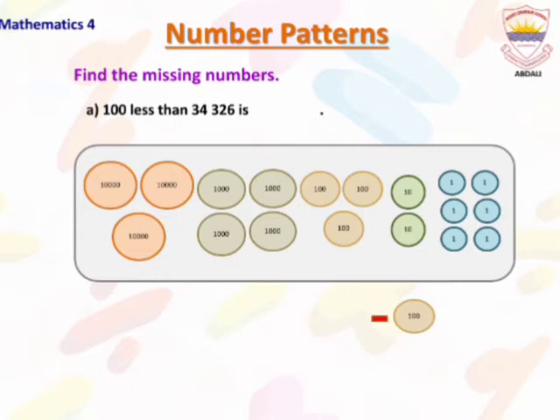Our question is 100 less than 34,326. When we take away 100 from the 100 place, the remaining disks are 2. We get our answer, 34,226.